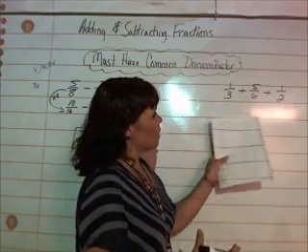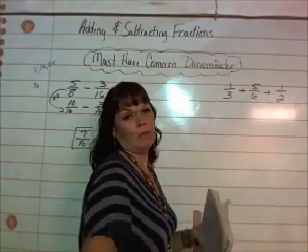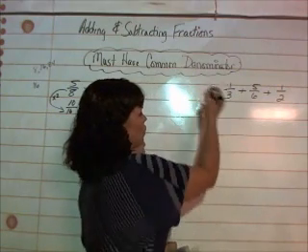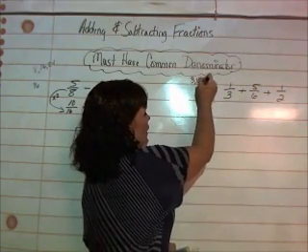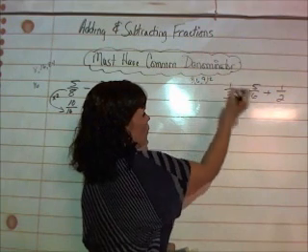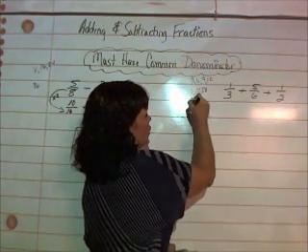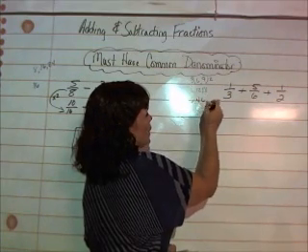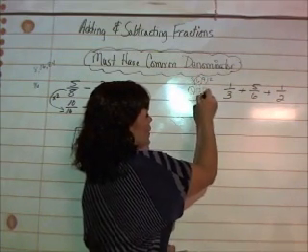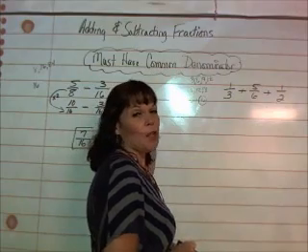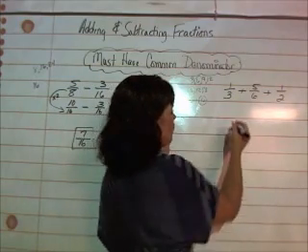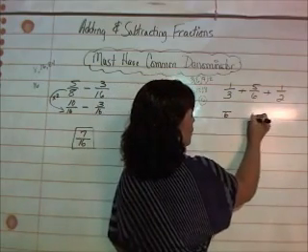So I need a common denominator for 3, 6, and 2. Well, if you did your listing, you have 3, 6, 9, 12; 6, 12, 18; 2, 4, 6. You're going to notice 6 is the first number they have in common. So I'm going to use the denominator of 6.